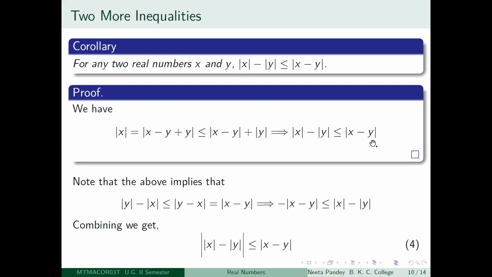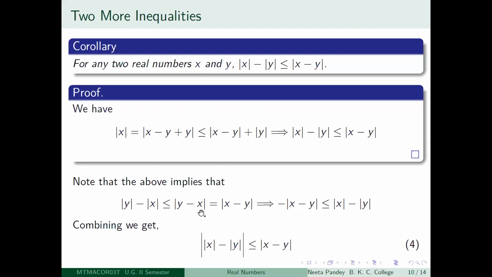So this is an interesting inequality which you get. There is nothing sacrosanct about taking x first and y later. So you can just interchange the roles of x and y. What do you get? You get mod y minus mod x is less than or equal to mod of y minus x. But we know that modulus of a number and its negative are the same.